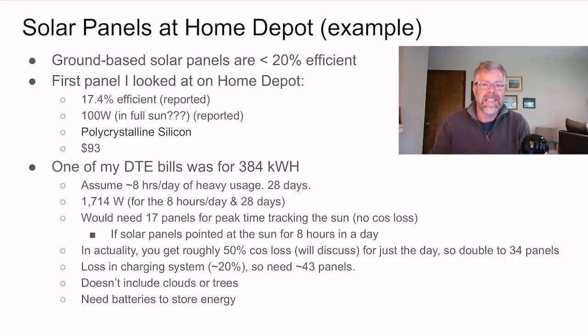Okay, let's look at an example of solar panels. You can go on to homedepot.com right now and buy a bunch of solar panels, and you could set them up at your house if you wanted to. What could you actually get, and how many panels would you actually need? Well, ground-based solar panels are less than 20% efficient, which means that of the energy coming in from the sun, you can harness about 20% of it.